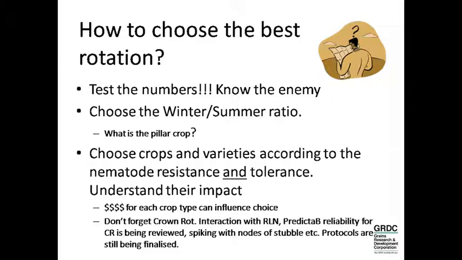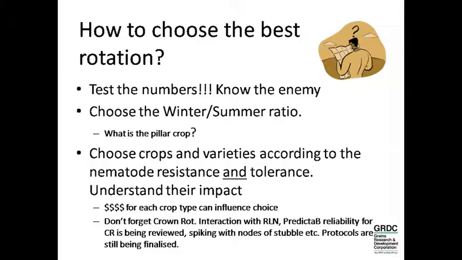The resistance, susceptibility, is what those little guys are doing in your field. You've got to understand the impact of both of those. And there are excellent guides for nematodes on resistance and tolerance. It's two separate columns.